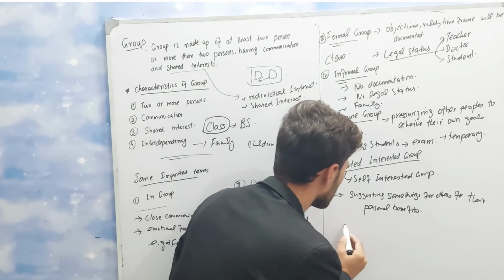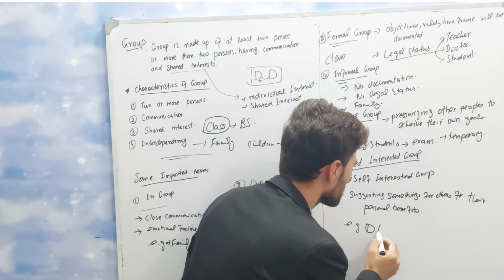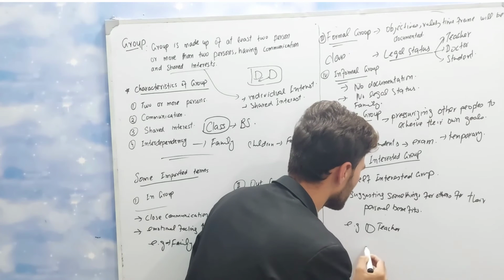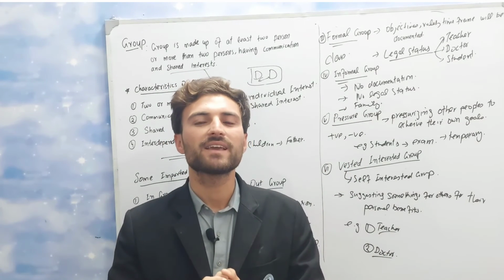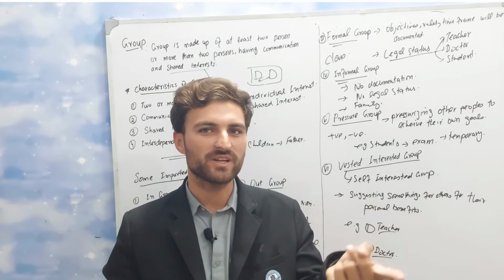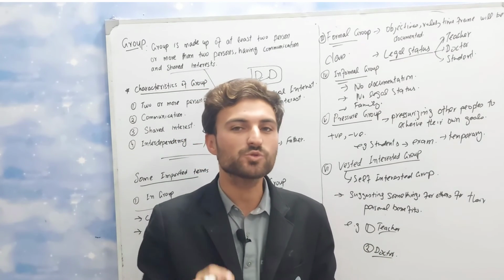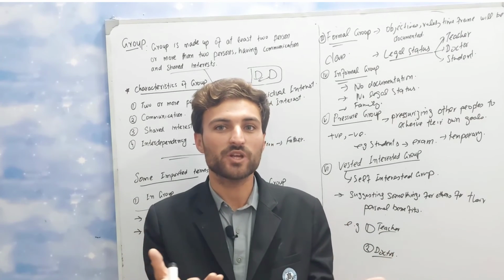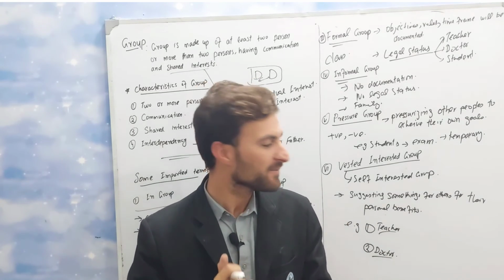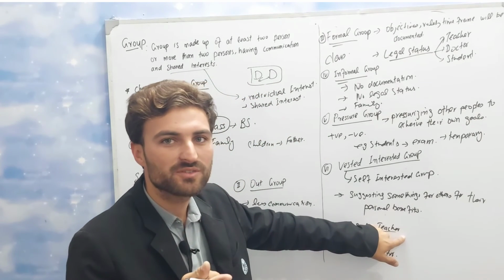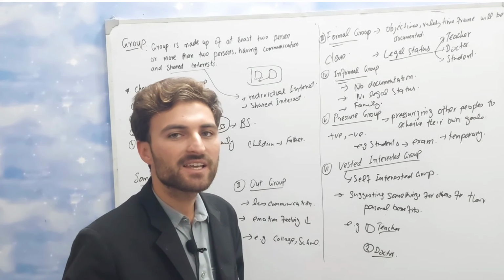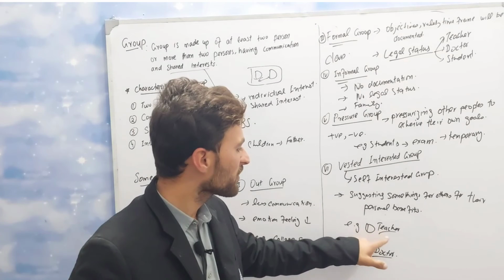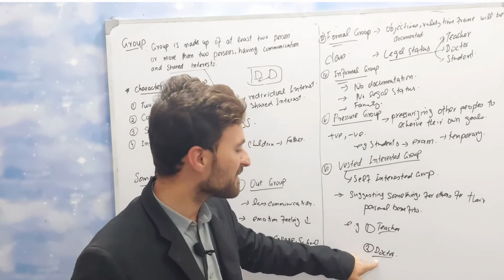Let's suppose we can give the example of a teacher and a doctor. If a teacher has a tuition academy, he will try to suggest to the students that good students are those who also do tuition, to make themselves more able. While he is suggesting tuition to students, he has his own purpose and his own interest. So one example can be this. The second example can be of a doctor.